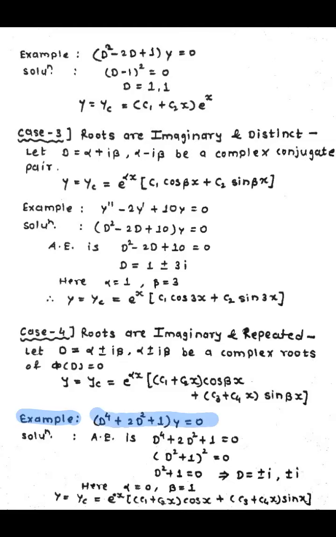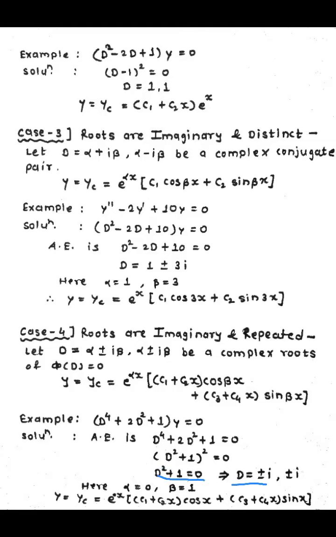The example is D raised to 4 plus 2D square plus 1 into y is equal to 0. Now the auxiliary equation is D raised to 4 plus 2D square plus 1 is equal to 0. Now it is a perfect square: D square plus 1 bracket square. The bracket square indicates that the roots appear twice, and if we take the bracket D square plus 1 and equate it to 0, we will obtain the root plus minus i.